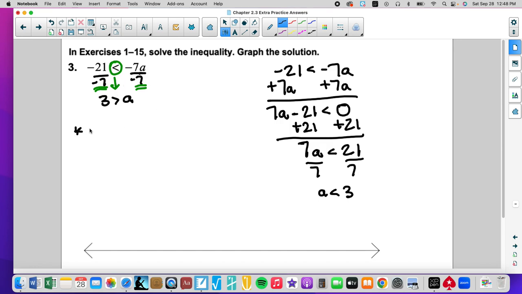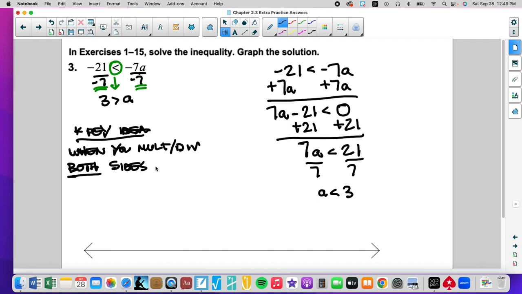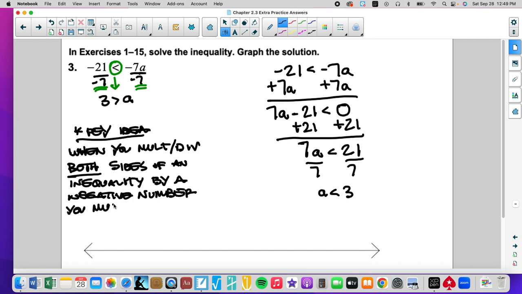The key idea is when you multiply or divide both, has to be both sides of an inequality, by a negative number, like in this case, we divided both sides by -7, you must flip the inequality sign.